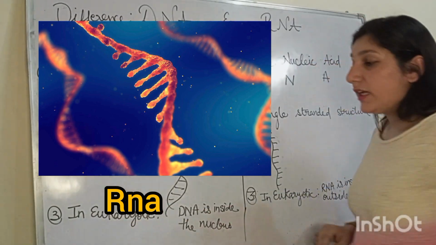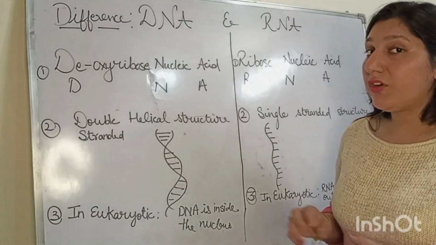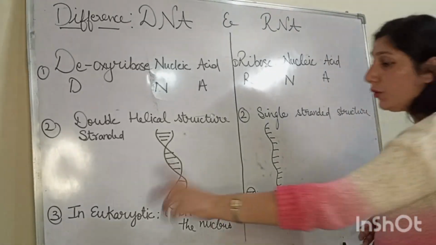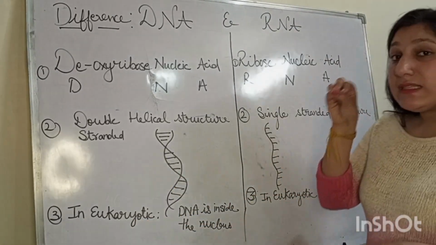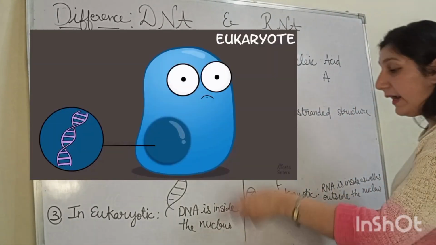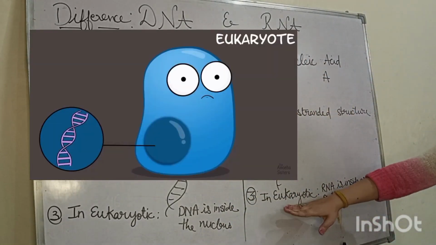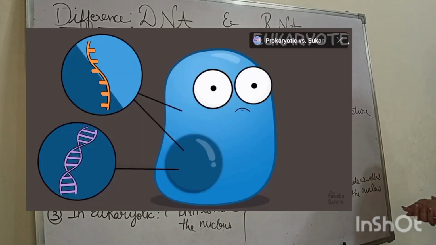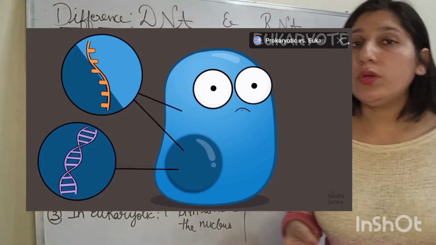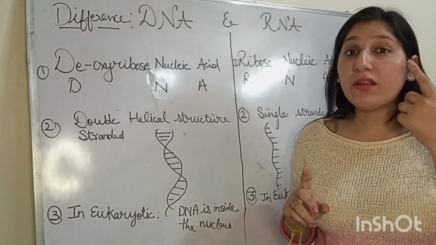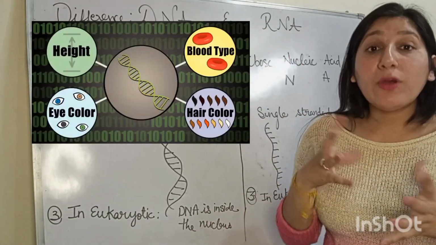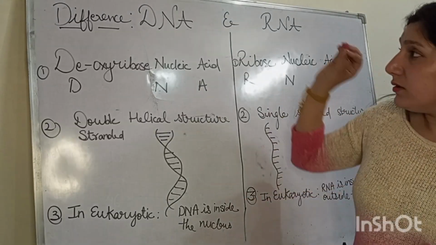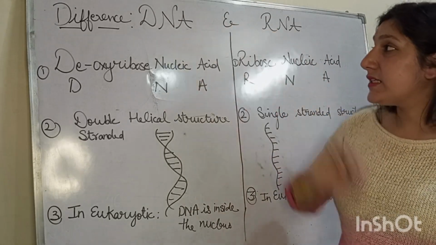Now eukaryotic organisms are those which have a nucleus inside them. So in eukaryotic cells, DNA is present inside the nucleus, and in the same eukaryotic cells, RNA is present inside the nucleus as well as outside the nucleus. Now students, as I told you, the type of hair, the color of eye, or the blood type, all that information is coded or stored inside the DNA.